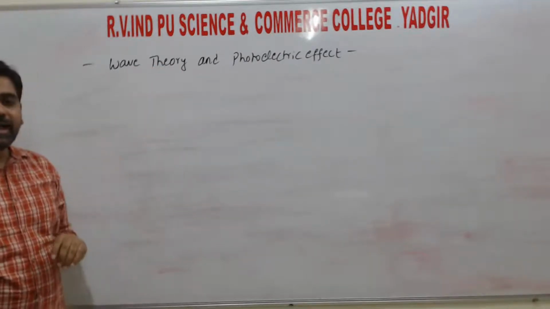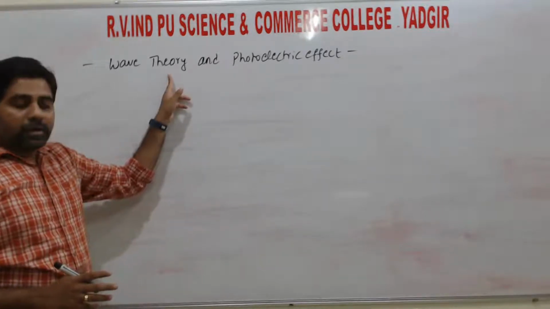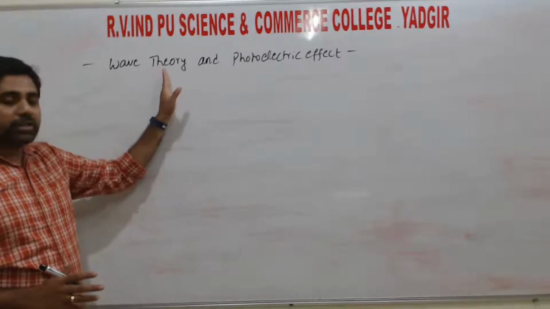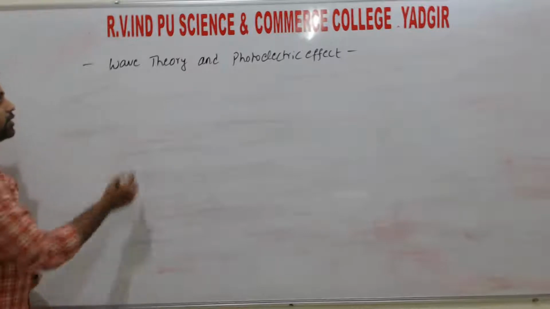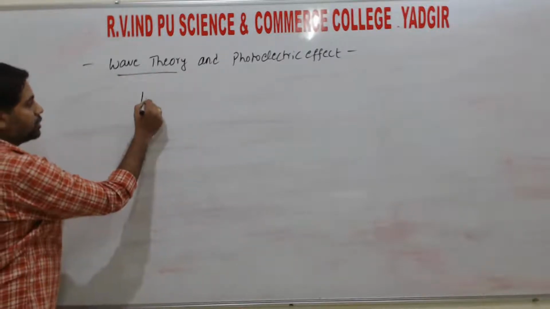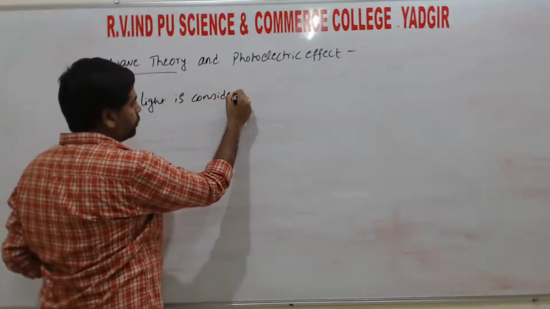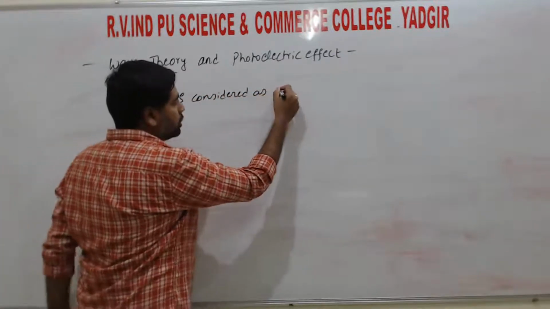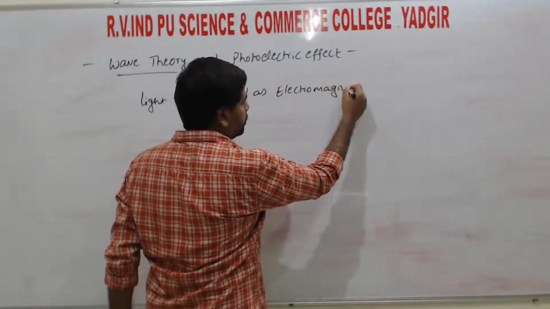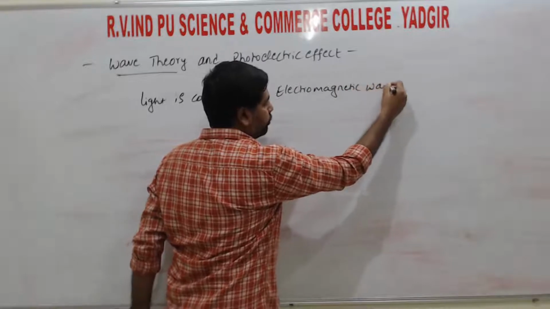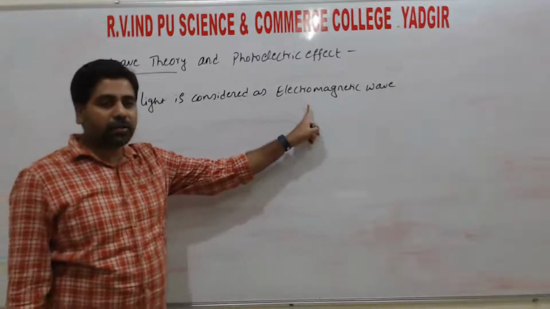So light is considered as a wave, that is an electromagnetic wave, which contains electric and magnetic fields, right? So in wave theory, light is considered as the electromagnetic wave.